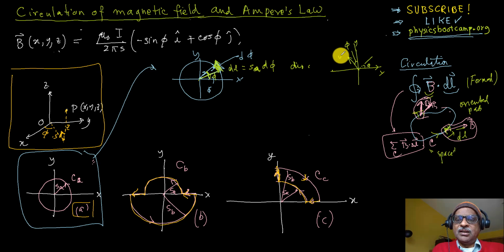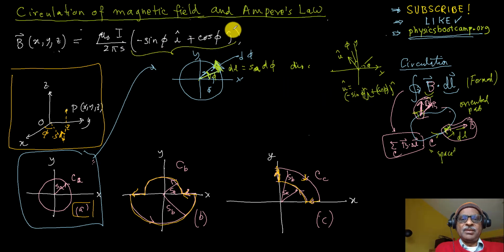If you translate that direction all the way down here, with this being the y-axis and this the x-axis, the unit vector in that direction, which we sometimes call phi hat, in terms of x and y will be minus sine phi i hat plus cosine phi j hat. So this is actually mu naught I over 2 pi s times the unit vector along the phi direction.